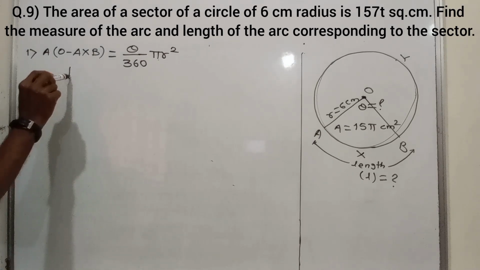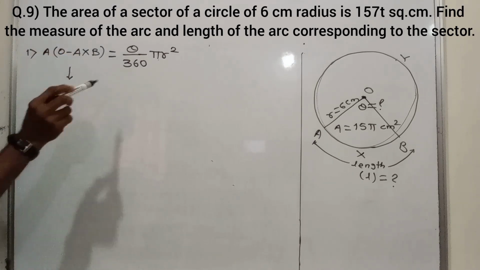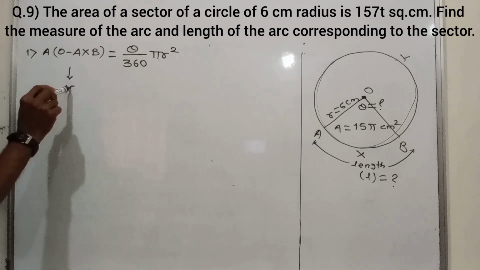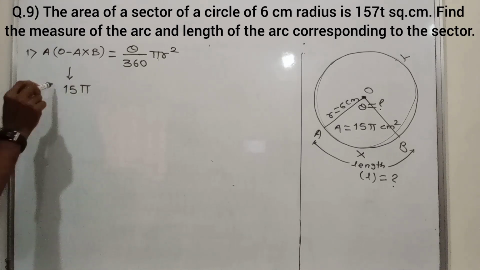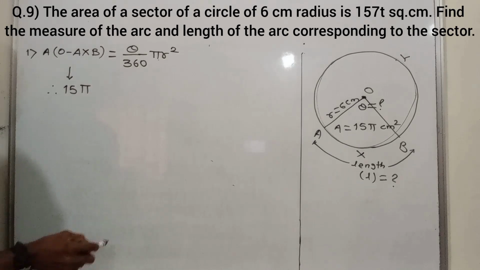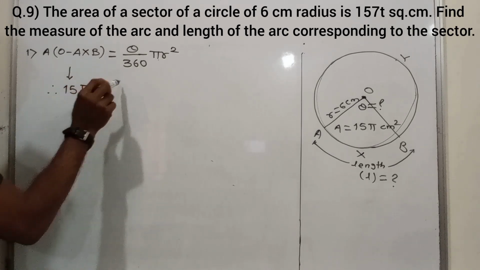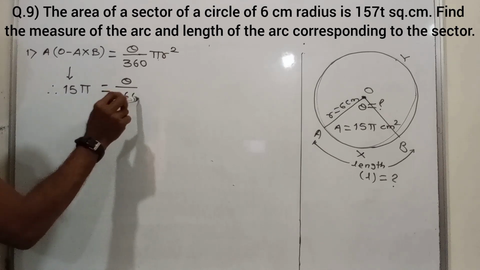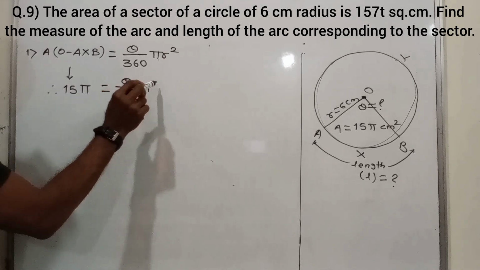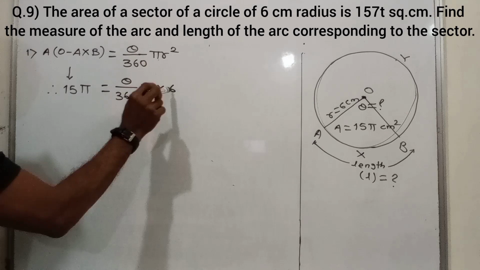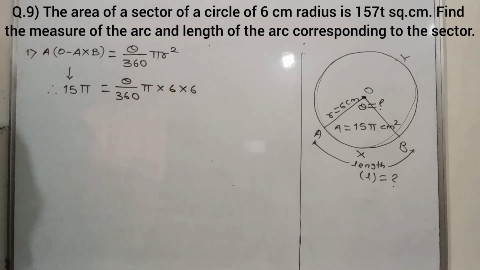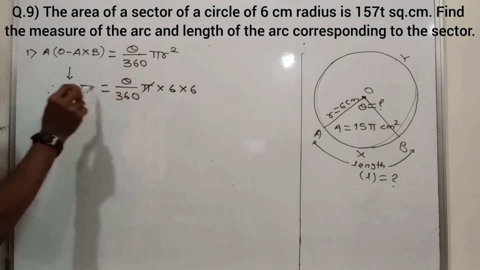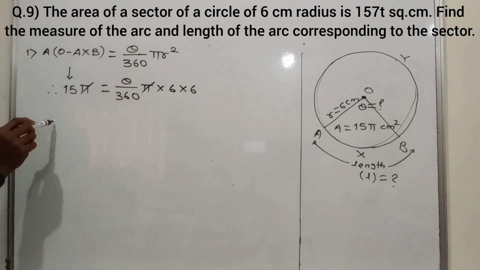Now we know area of sector, what is 15 pi centimeter square, is equal to theta upon 360 into pi into r square, means 6 into 6, 6 square, pi cancelled.